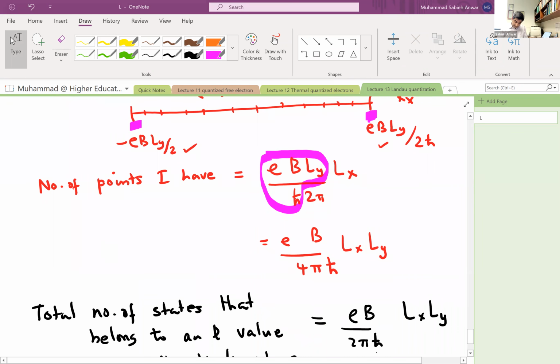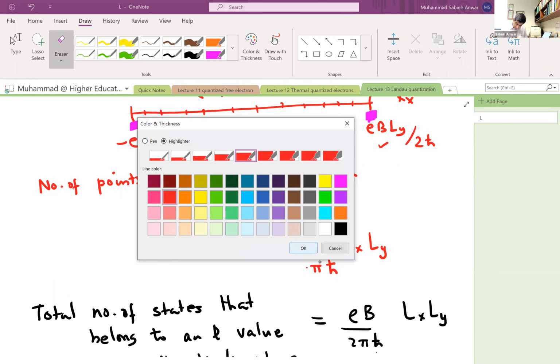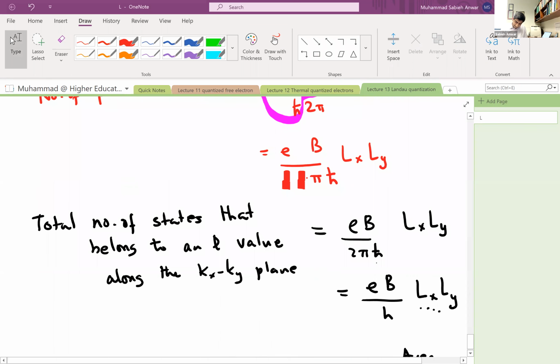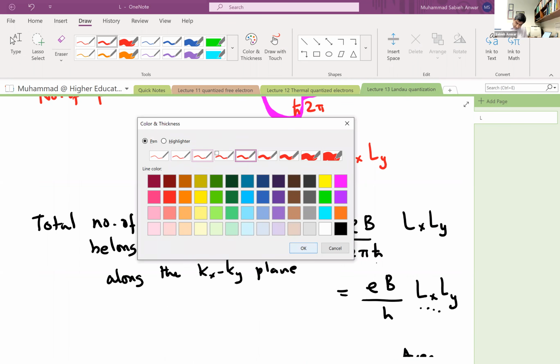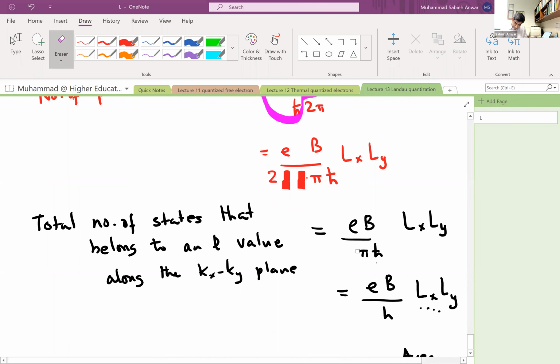Then the number of states, taking into account the degeneracy factor, I multiply all of this with 2, this 2 goes away, and I'm left with a 2 here. h bar becomes h.